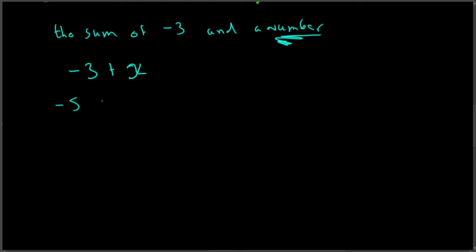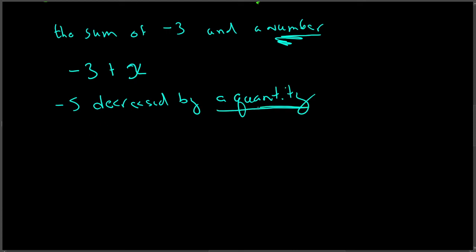Let's see, -5 decreased by a quantity. Well, the quantity is the thing I don't know. So -5 minus, again, we'll use the unknown thing as being x.